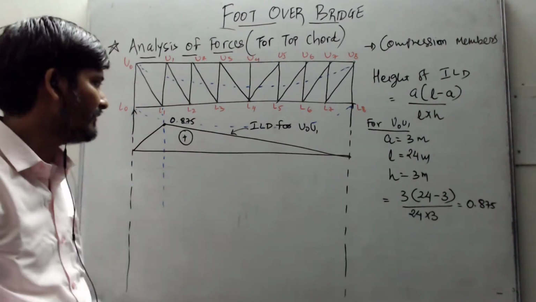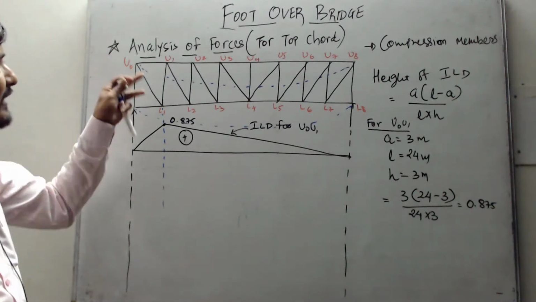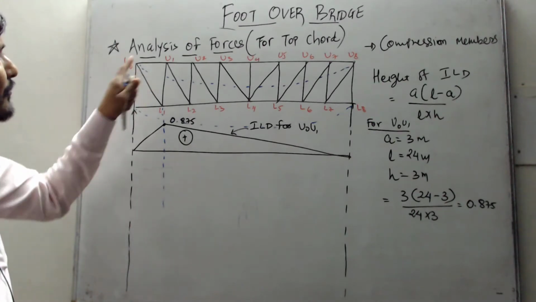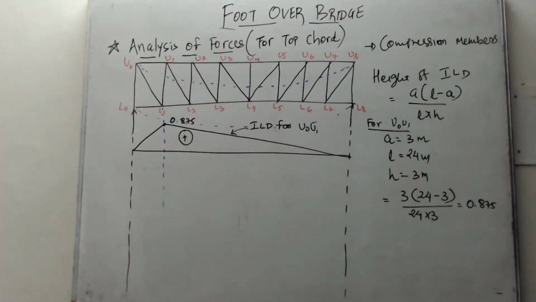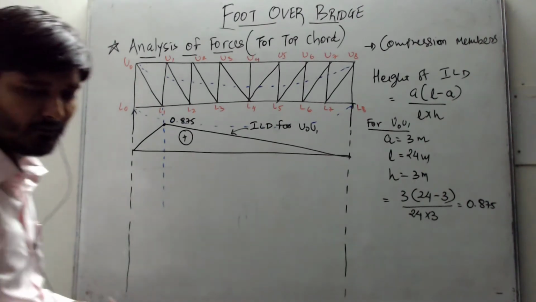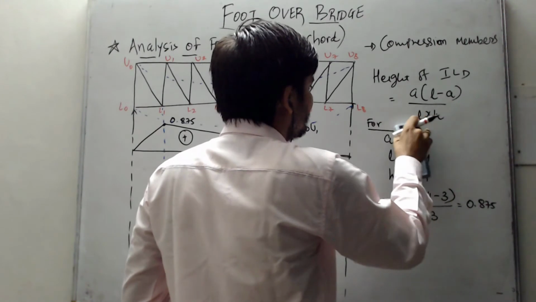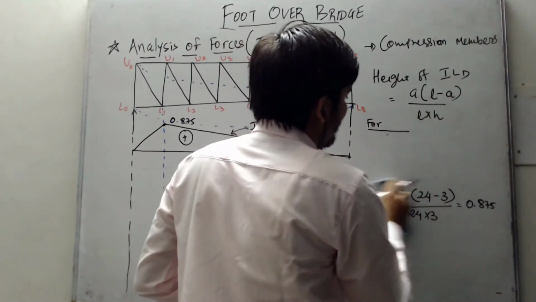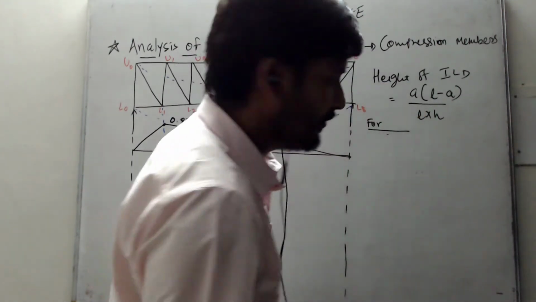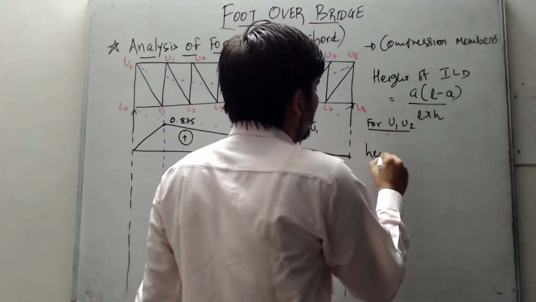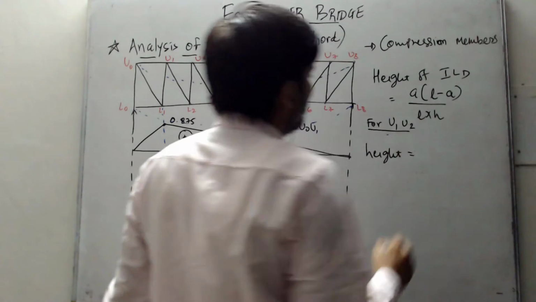Similarly, next we need to calculate the height for U1 U2. So now let us calculate for U1 U2. Height for U1 U2 will be equal to, so what is a for U1 U2?